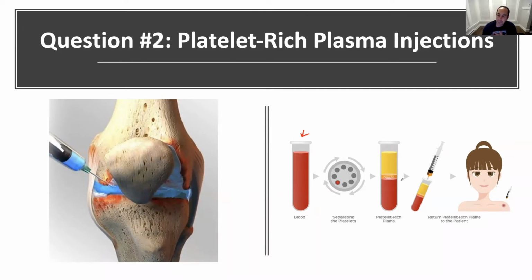So what happens is you have your growth factors and you have your stem cells in this yellowish plasma liquid. When you're injecting that inside the synovial joint, or whatever joint you're injecting it in, it'll create an acute inflammatory process, which will get new blood cells to the area.